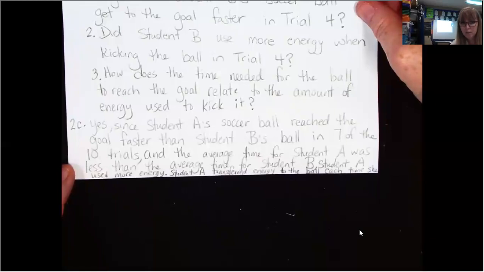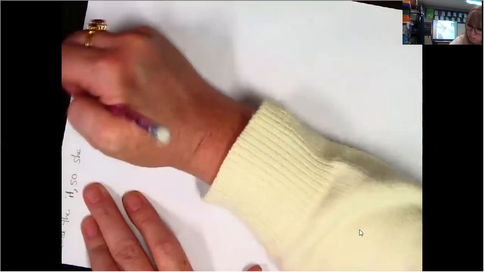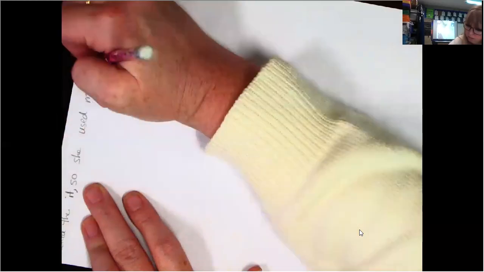Student A transferred energy to the ball each time she kicked it. So she used more energy during the investigation.